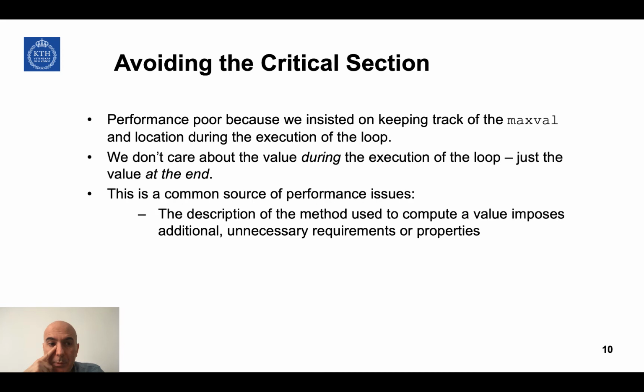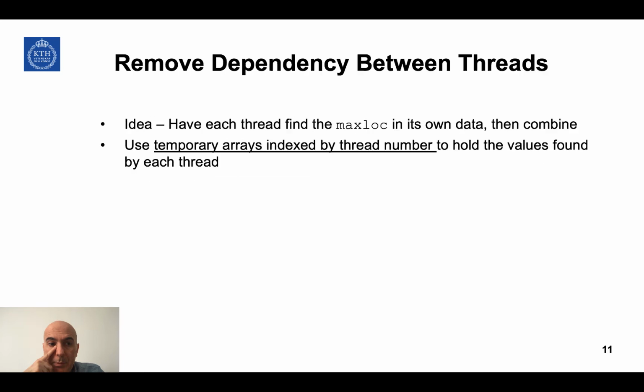So a better approach, instead of having a shared value, we could have a shared array where each array element corresponds to a particular thread. Then each thread will calculate its own max value and put it in the array index equal to its ID.